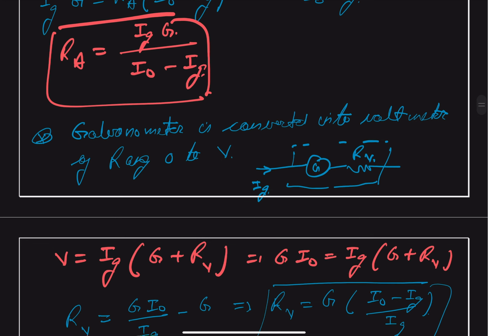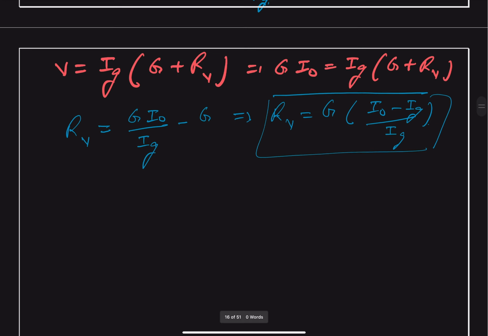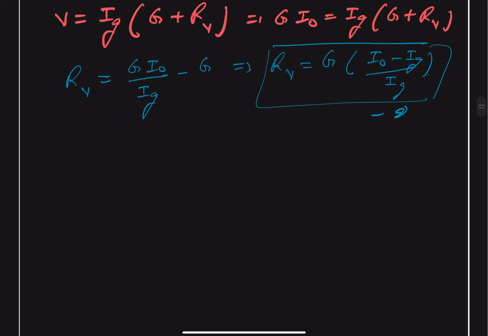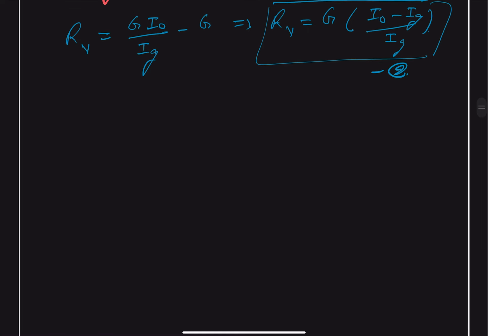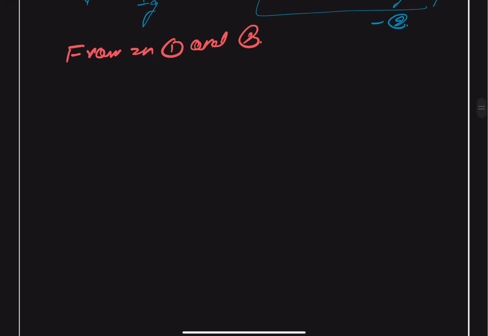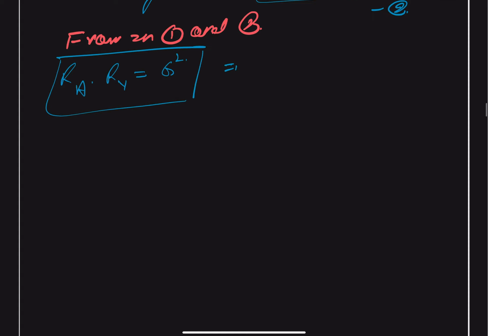So let us call this equation number 1, and this is our equation number 2. From equation 1 and 2, we can say that our RA multiplied by RV is equal to G square, and we also need to find out the ratio.